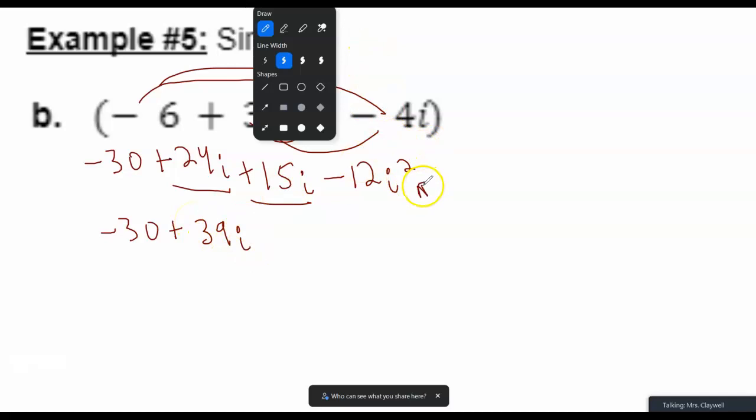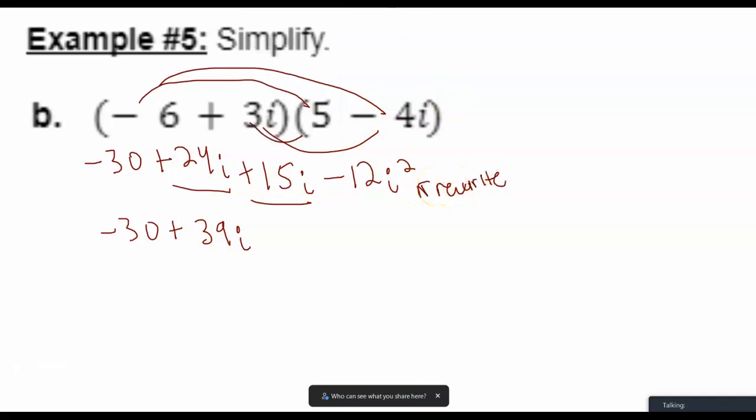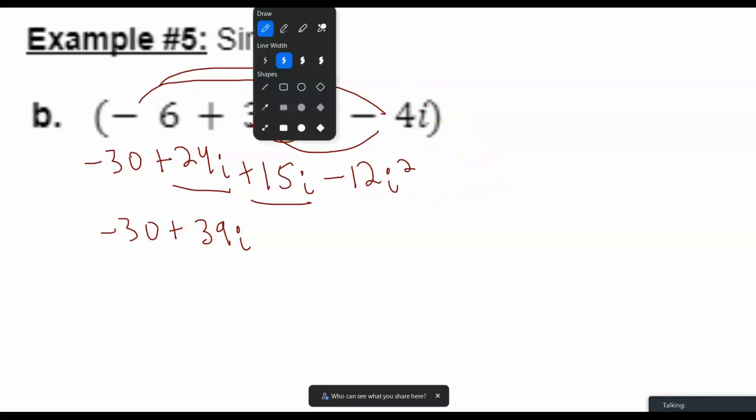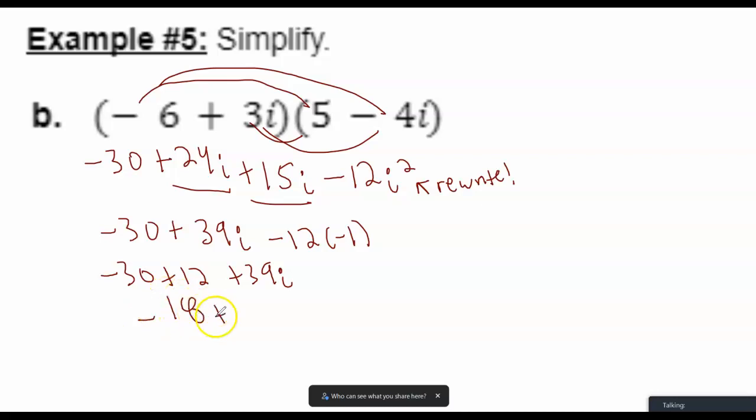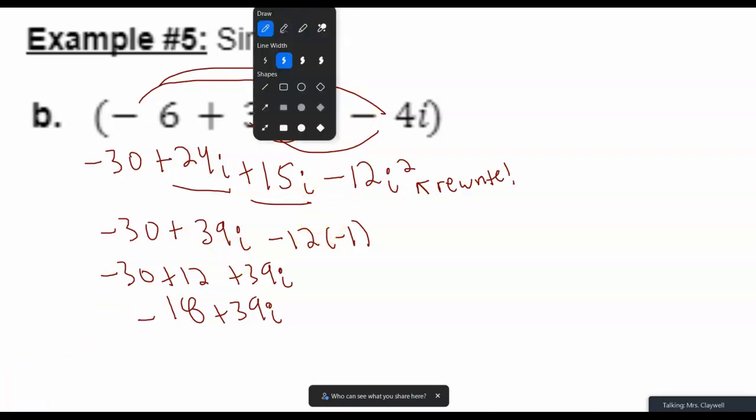And here I have another example where I can rewrite, so that's negative 12 times the negative 1, which is 30 plus 12. So I keep my constants or my real numbers and my imaginary numbers.